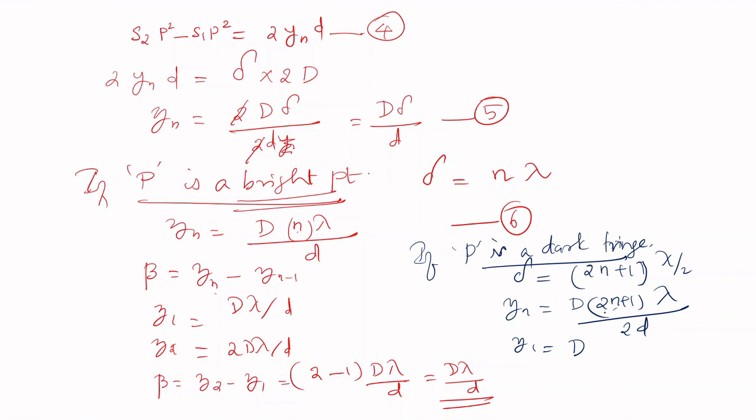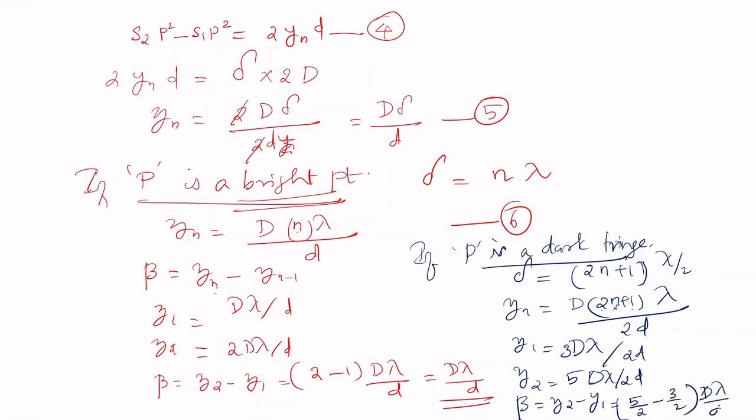So that is D into 2 into 1 plus 1, that is 3 lambda, 3D lambda by 2d. And y2 is when we give 2 for n. That is 2 twos are 4 plus 1, 5. So it is 5D lambda by 2d. So when you find beta, again y2 minus y1, that is 5 by 2 minus 3 by 2 into D lambda by d, which is 2 by 2, nothing but D lambda by d itself.